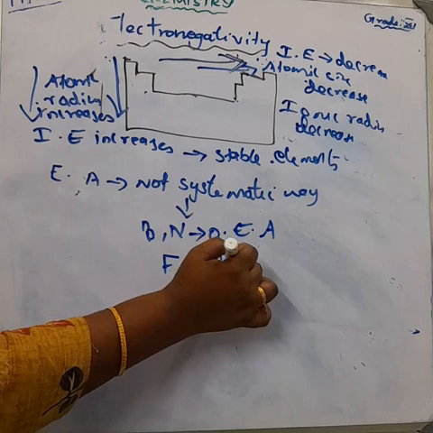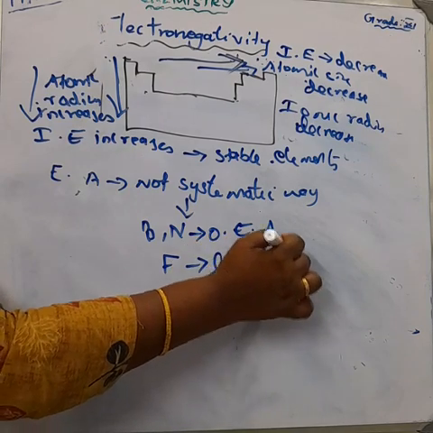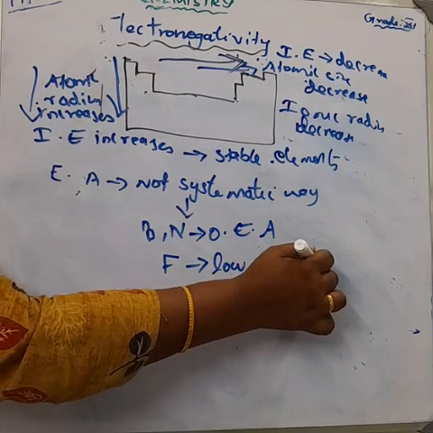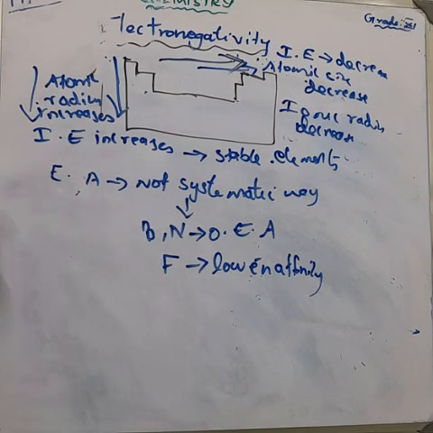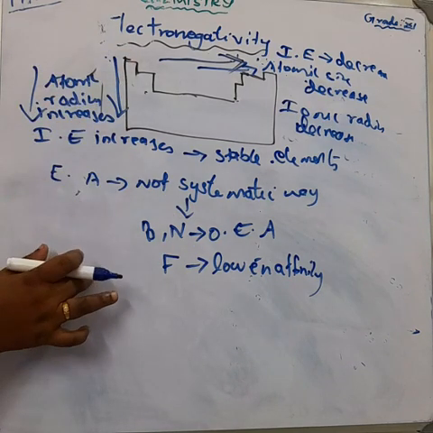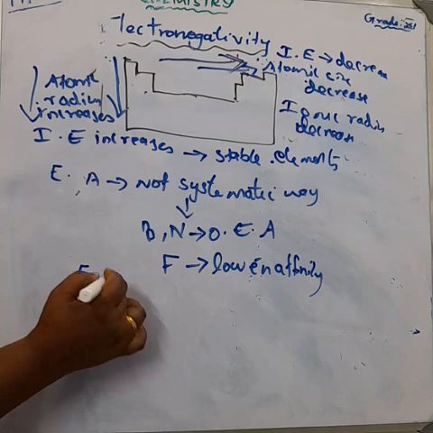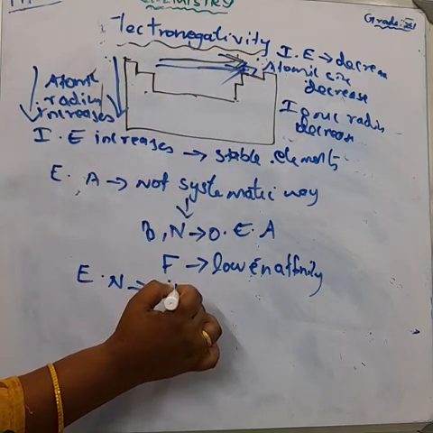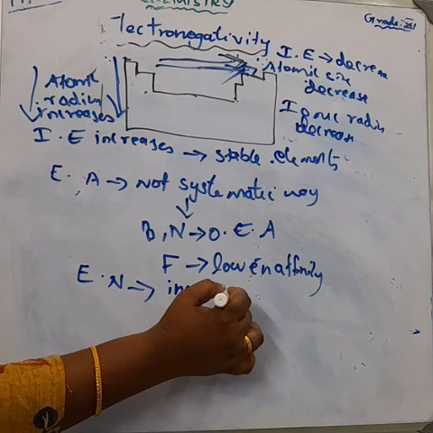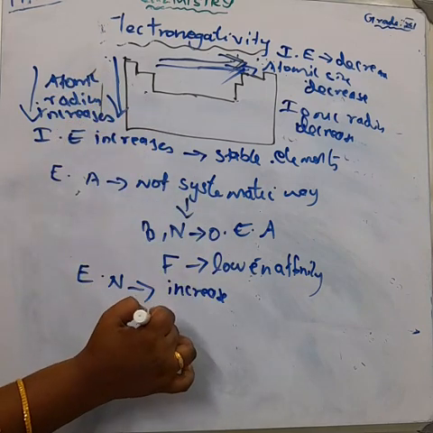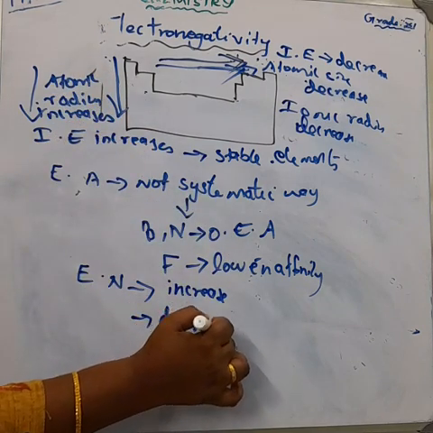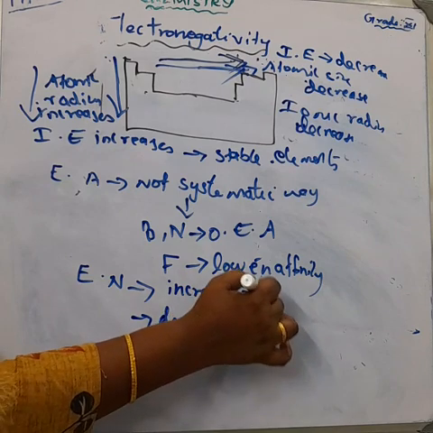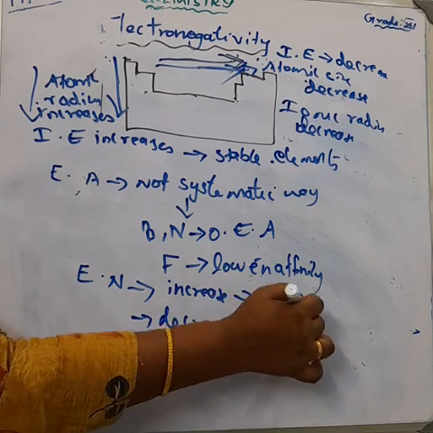Okay, these are about along the periods and along the groups, electron affinity gradually decreases. For electronegativity, along the periods the electronegativity value increases, along the groups the electronegativity value decreases, but for the 13th group and 14th group elements only, when we are moving down a group, some elements show an increase.